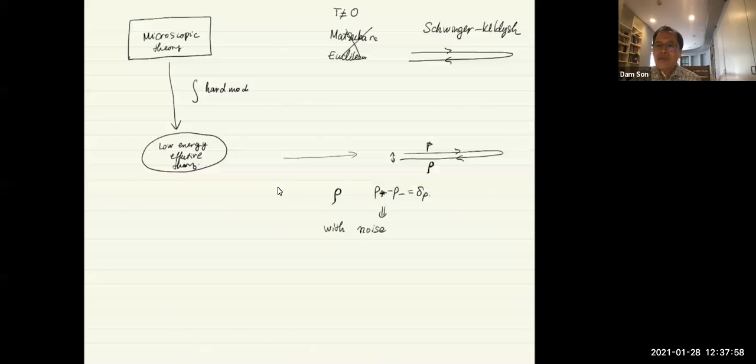Right. So the theory has to be enlarged in scope, enlarged in the number of fields, and enlarged also in terms of the set of questions that one can ask. With noise, one can ask not only the question about the relaxation of an initial state, but also about small thermal fluctuations.